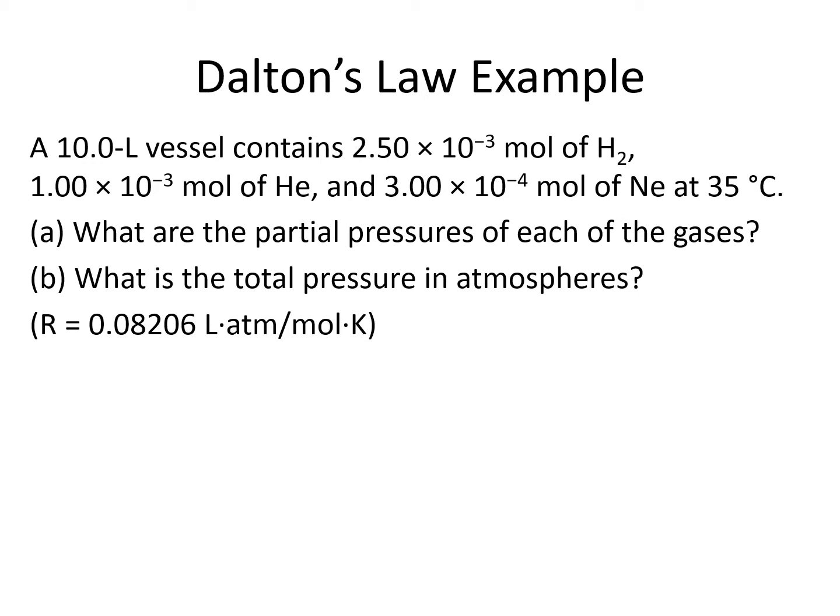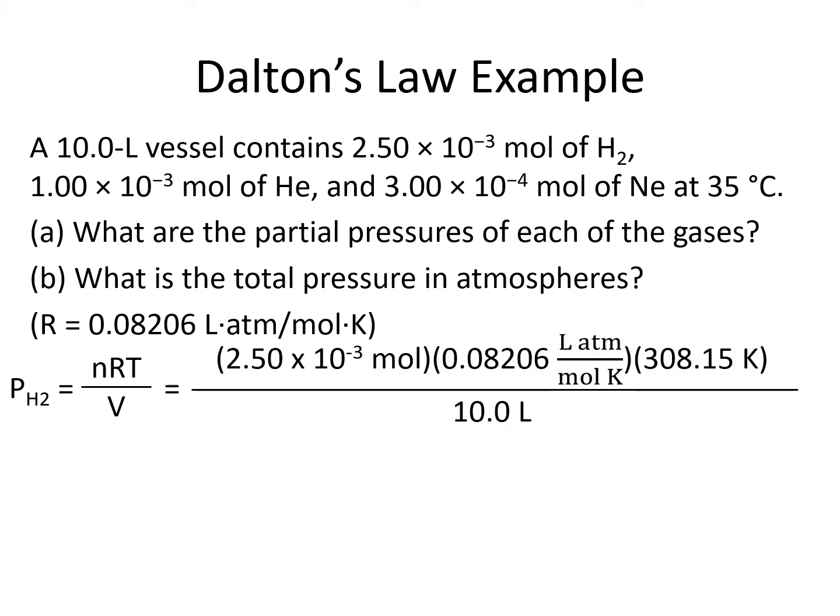We're going to start by finding the partial pressure of hydrogen. We rearrange the ideal gas law to solve for pressure. The rearranged form that gives pressure by itself on one side of the equal sign is pressure equals nRT divided by V. The n for the hydrogen is 2.50 times 10 to the minus 3.